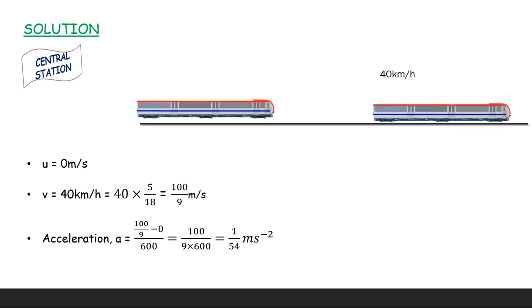I am going to apply it in my formula. On doing that, I get 100 by 9 minus 0 by 600, which is around 1 by 54. On simplifying it, I get my acceleration to be 0.0185 meter per second square. So you always have to remember your formula and your SI unit.